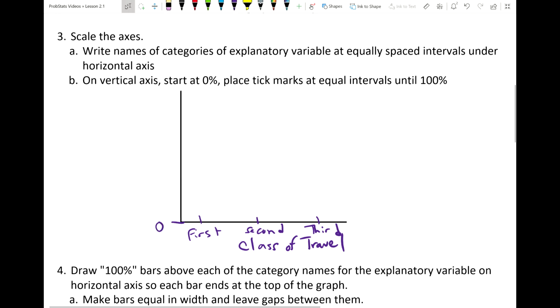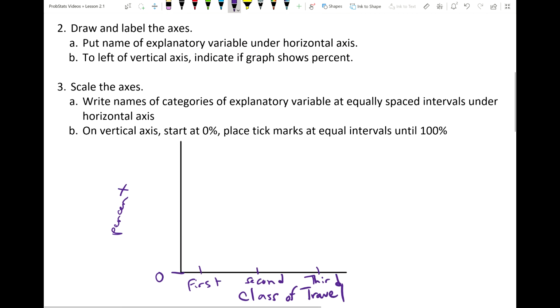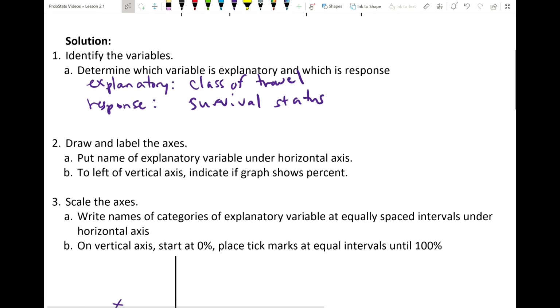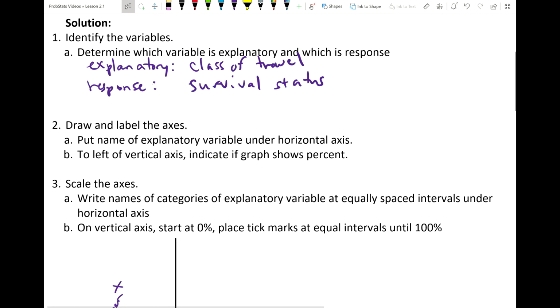And on the vertical axis, we start at 0%. And so we're going to label this percent. We're going to be calculating the percents for each of these.